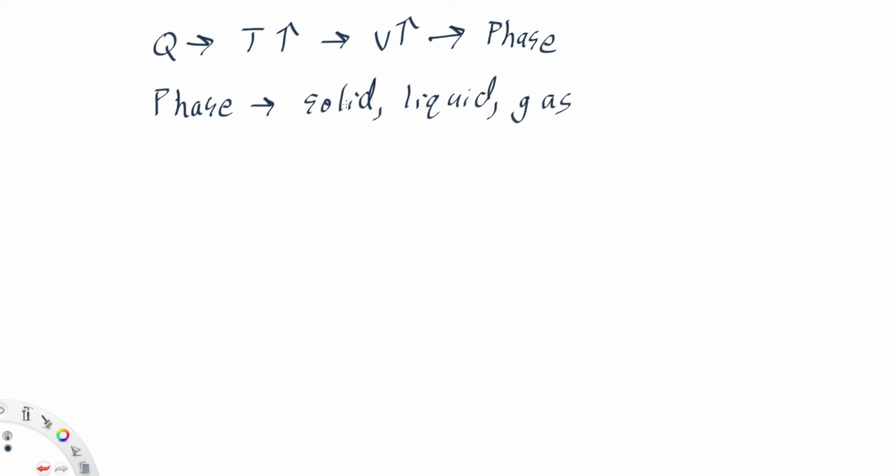There are actually many different ways to arrange a solid, for example. I think my own research is on the different crystal arrangements of solids in metals. But at this level, we'll just say that solid, liquid, gas are the phases that a material can be in.